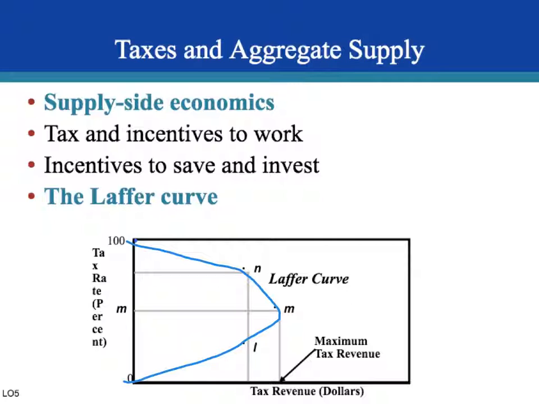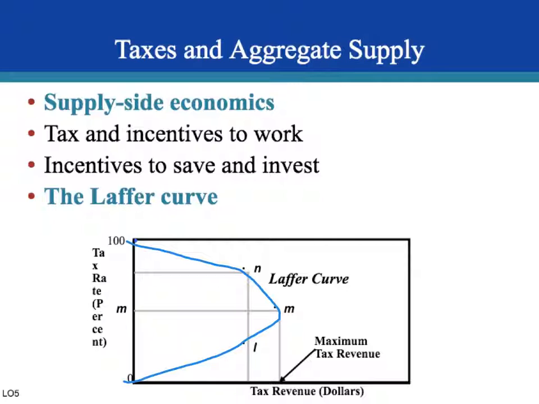Okay, so going to supply side economics, or what is known as Reaganomics. During Reagan's term, he had an economic advisor, Art Laffer, and he had what is called the Laffer curve.